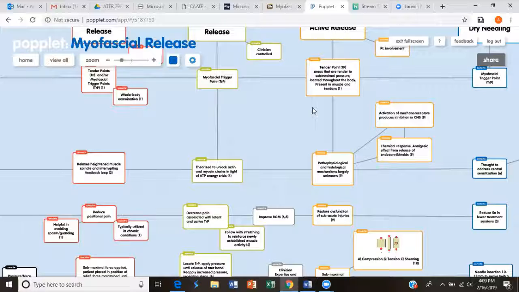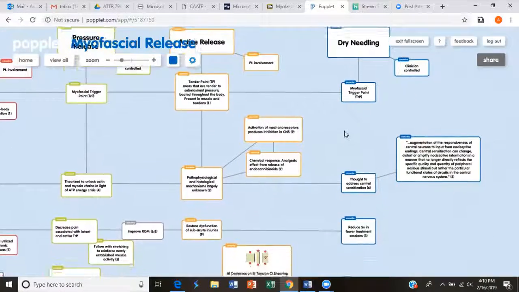One theory is with active release, there is an activation of mechanoreceptors which produce inhibition in the central nervous system. Another component of active release is that there is a chemical response. This chemical response produces an analgesic effect from the release of endocannabinoids. Endocannabinoids are released when the CNS is inhibited.